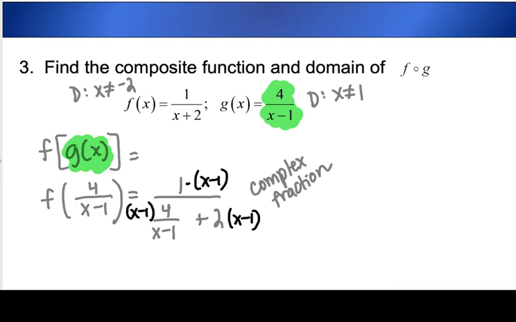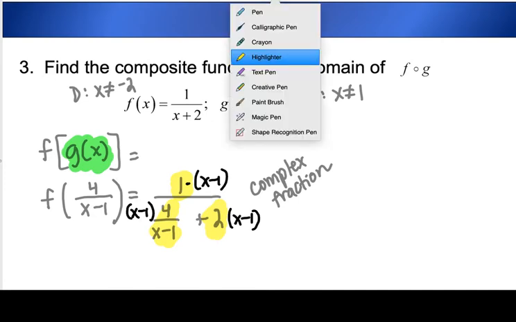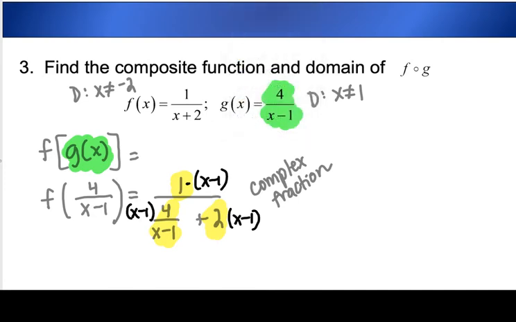So I have 3 terms. I'm going to highlight them in yellow. 1, 2, 3. There's 3 terms within the big fraction. I need to multiply each one of those terms by x minus 1 so that these x minus 1's clear and I no longer have a fraction within a fraction.